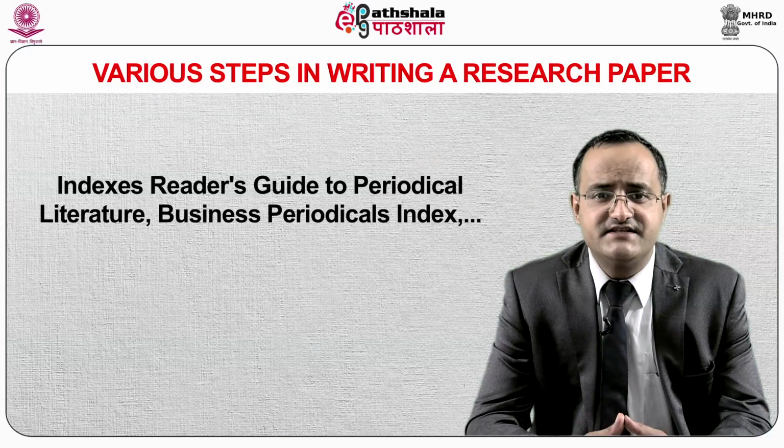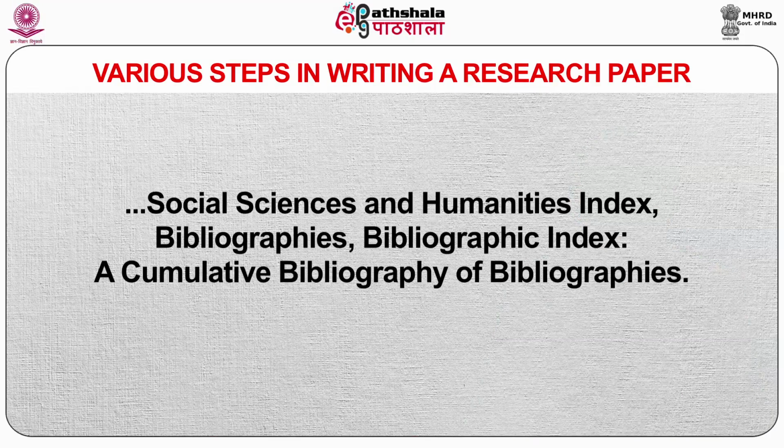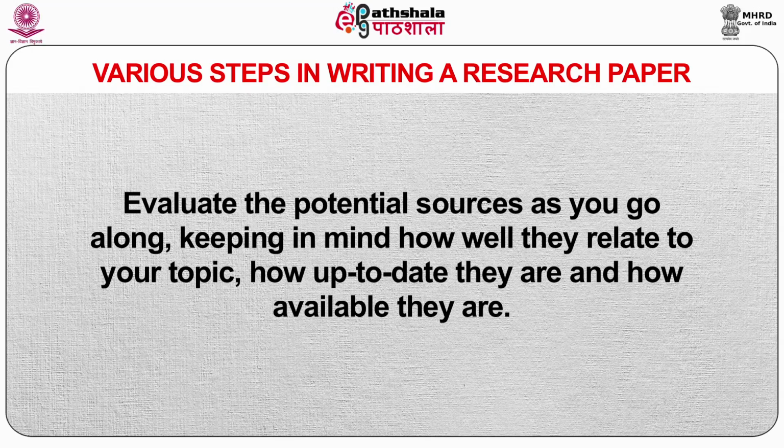In addition to the card catalog and the guides to reference books, there are other sources which will help the researcher to locate articles and books relevant to the topic, such as reference guides to indexes and abstracts, indexes, Reader's Guide to Periodical Literature, Business Periodical Index, Social Sciences and Humanities Index, bibliographies, Bibliographic Index, etc. Evaluate the potential sources as you go along, keeping in mind how well they relate to the topic, how updated they are, and how available they are.